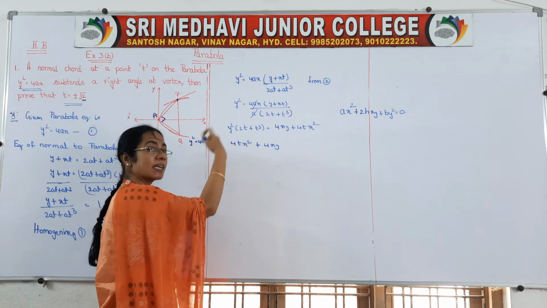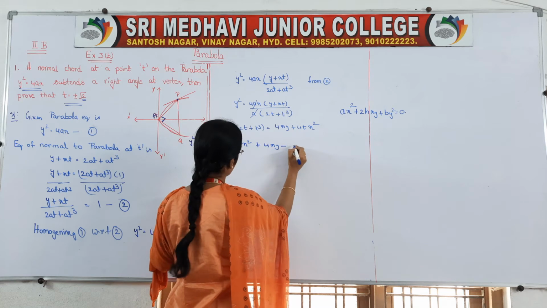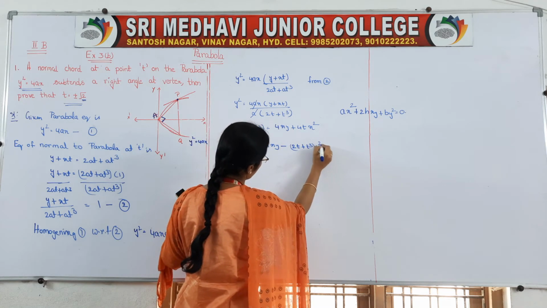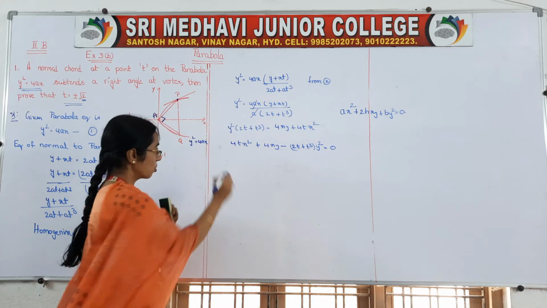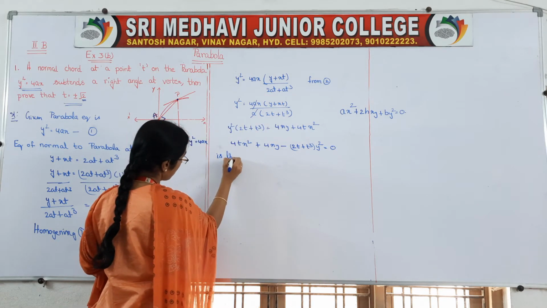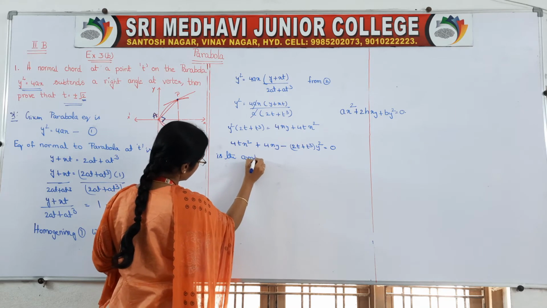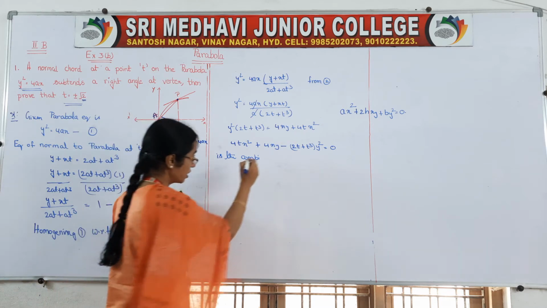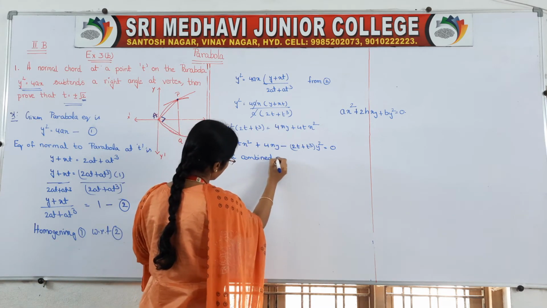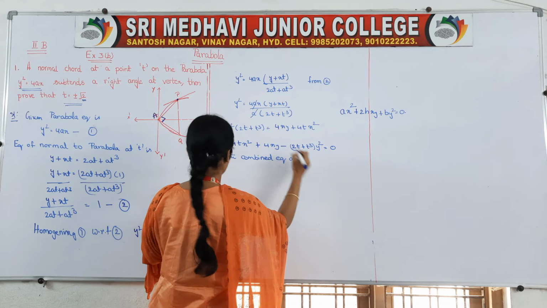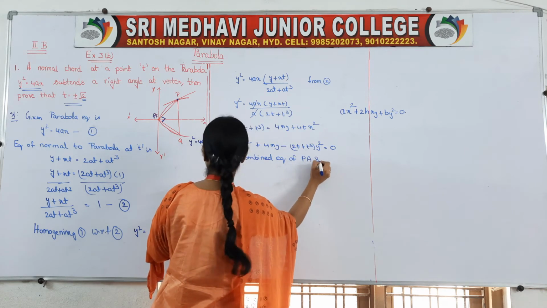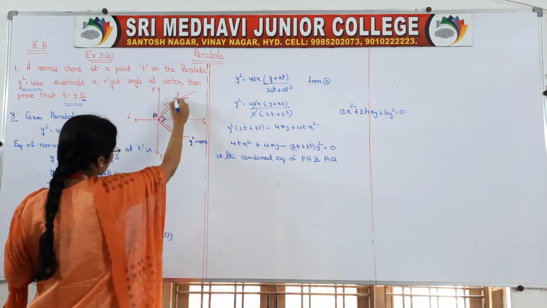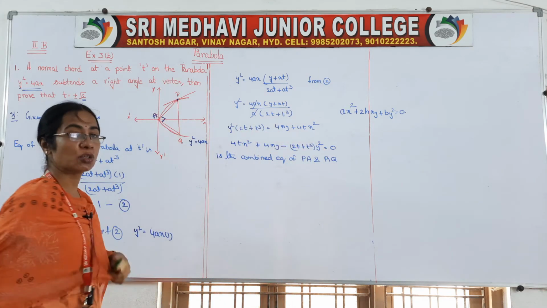The y square term is on this side, send it to that side. So minus (2t plus t cube) y square is equal to 0 is the combined equation. After the homogenization, we get one combined equation, the combined equation of PA and AQ.